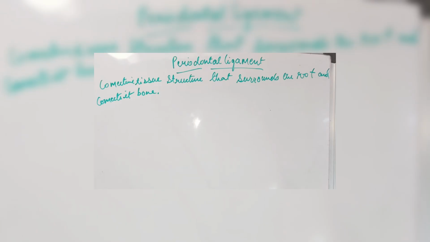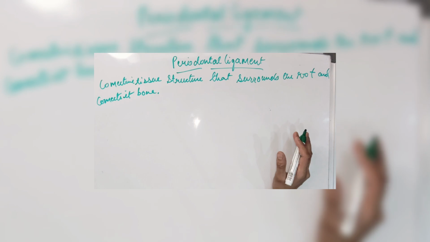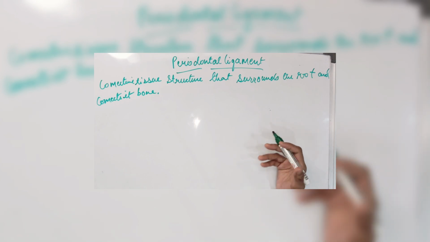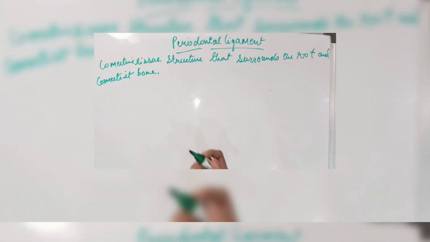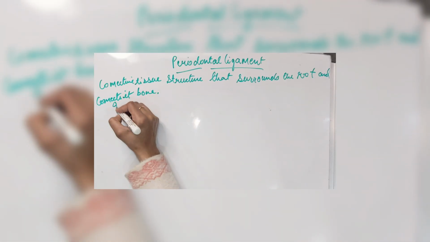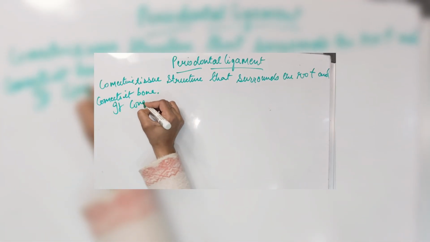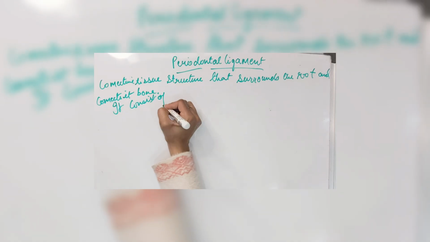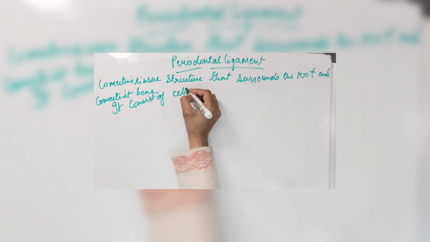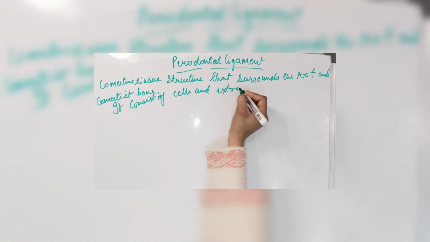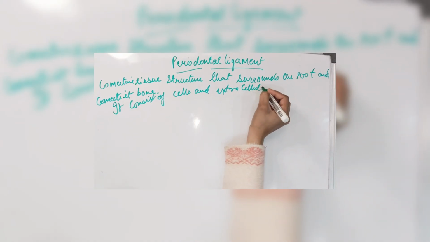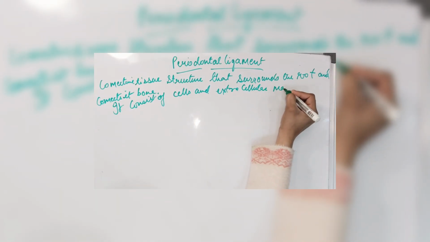Extracellular matrix is composed of fibers like oxytalan, collagen, and glycoproteins. So it consists of cells and extracellular matrix.